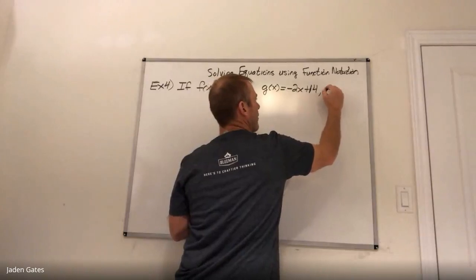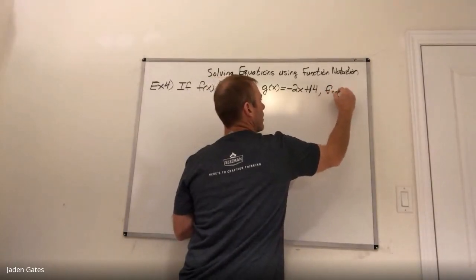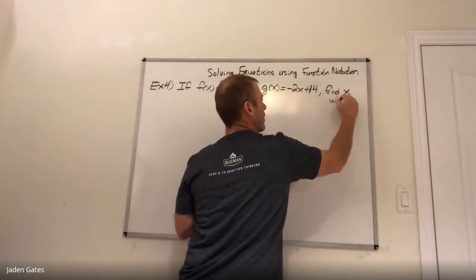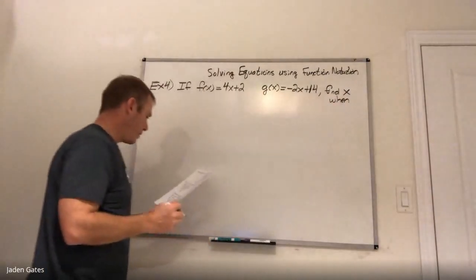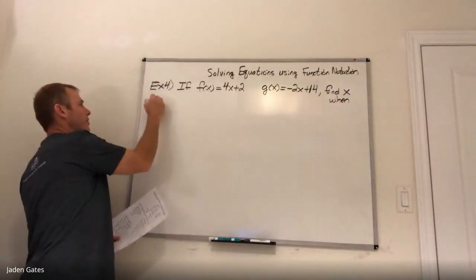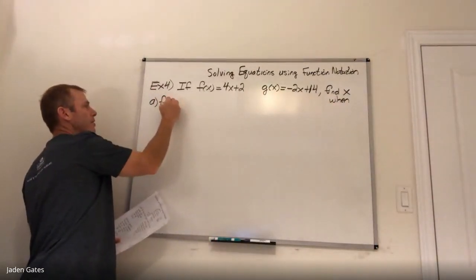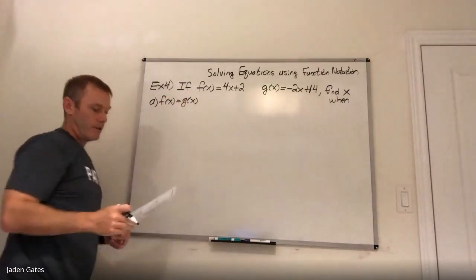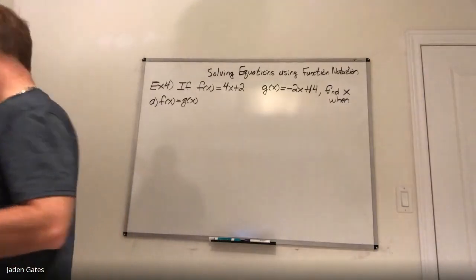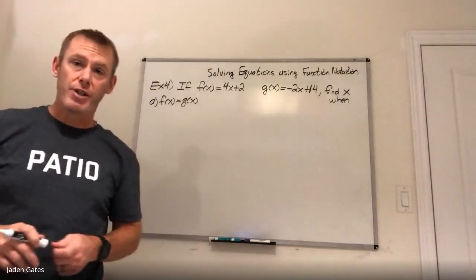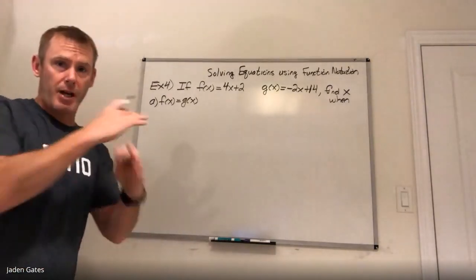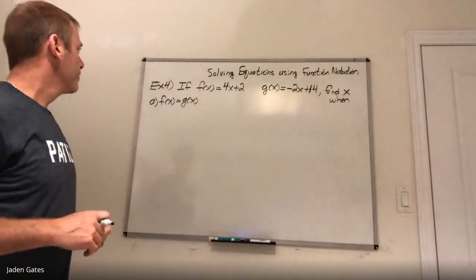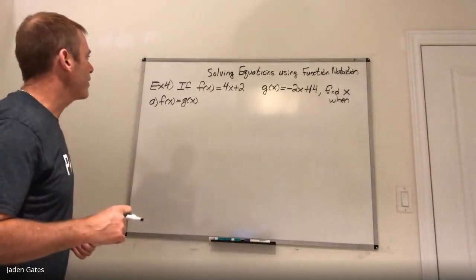And we want to find x in two situations. A, this is a little bit different. We have f of x equals g of x. So we want to find out what values of x make these two functions equal. Now on a graph, this means they actually have a point of intersection. That's something, again, we're going to get into later on this year.